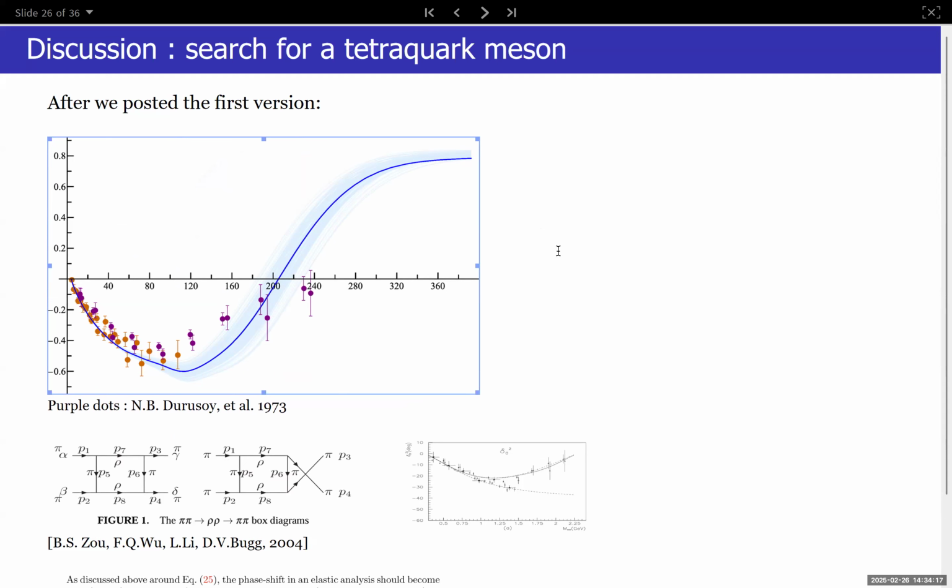So those orange dots are our input, but the purple is from this paper. Indeed, you see it increase. We didn't know this purple dot at all, but it just turns out it's probably correct.